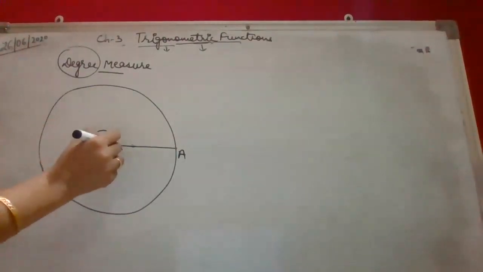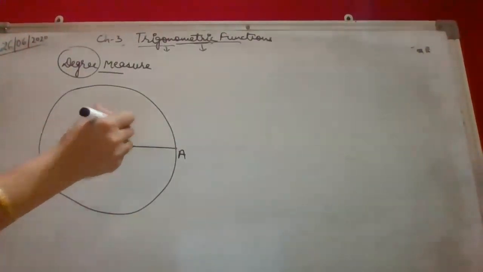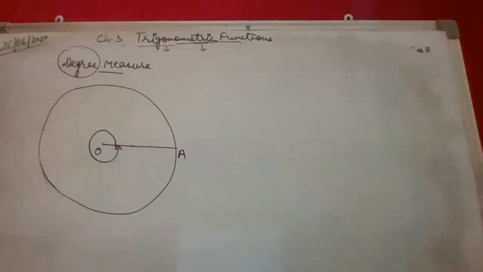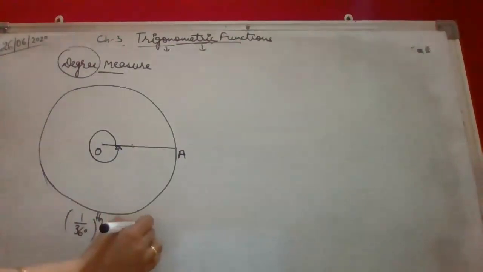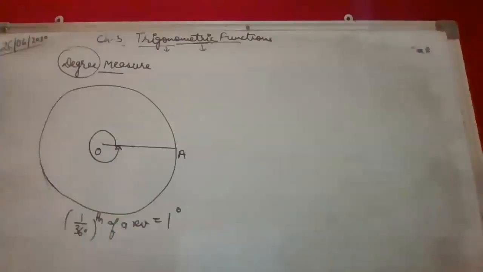Complete is 360 degree, so 1 degree will be 1 upon 360. So 1 by 360th of a revolution is equal to 1 degree.